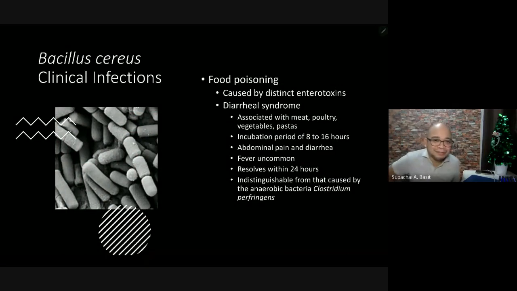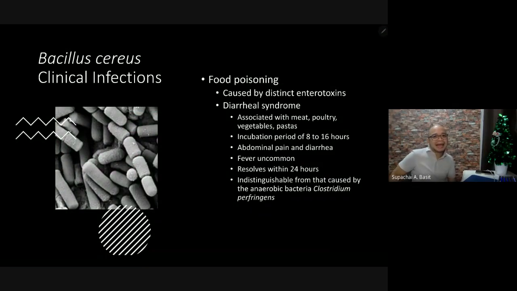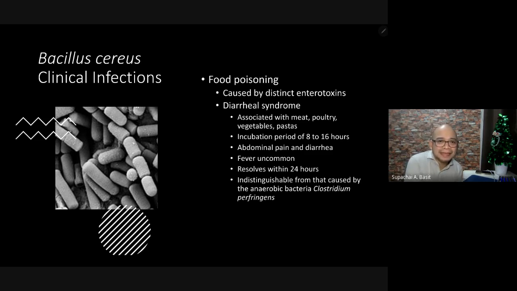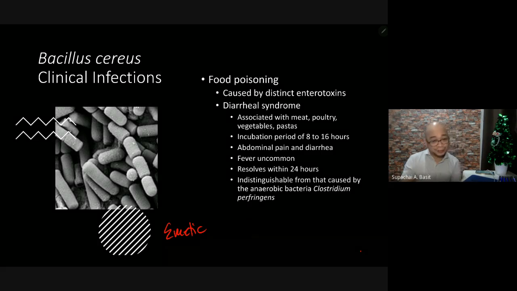So let's talk about Bacillus cereus. Bacillus cereus can cause food poisoning, and it is actually due to the distinct enterotoxins. So the food poisoning can be emetic form, and the other one is diarrheal form.